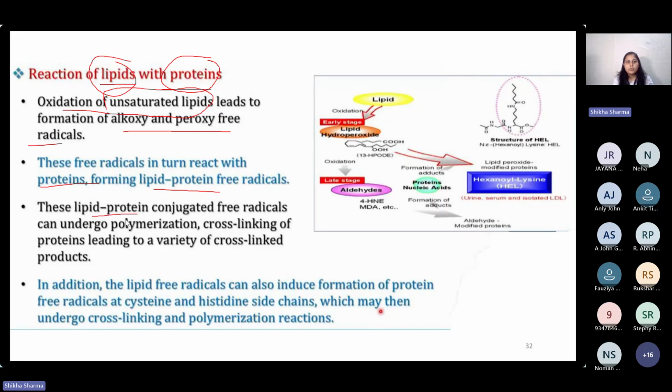These lipid-protein free radicals can undergo polymerization and cross-link with the protein, forming a cross-linked structure. And these lipid free radicals can also induce the formation of protein free radicals at cysteine and histidine side chains, which may then undergo cross-linking and polymerization reactions.